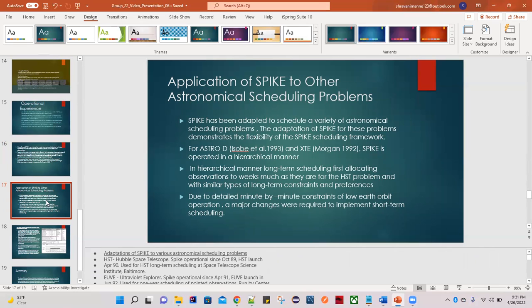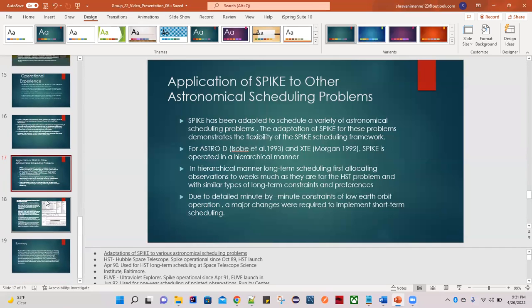In the hierarchical manner, long-term scheduling first allocates observations to weeks, much as they are for the HST problems, and with similar types of long-term constraints and preferences. Due to the detailed minute-by-minute constraints of low Earth orbit operation, major changes were required to implement short-term scheduling.